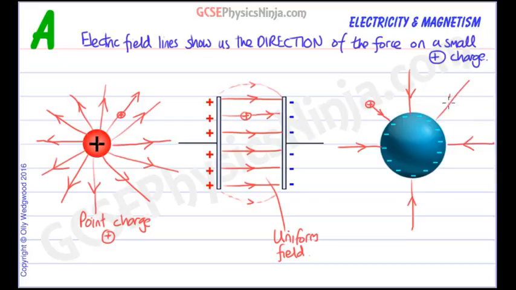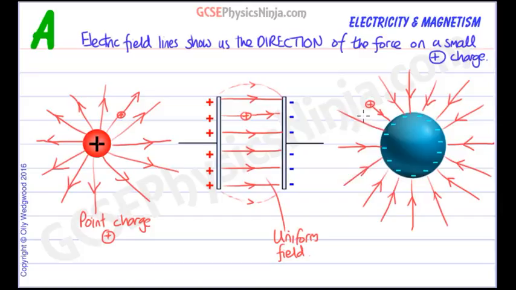So we'd do something like this, and so on. Note that the lines get closer together as they get closer to the sphere, and so that means the electric field strength increases, gets a stronger force on the particle.